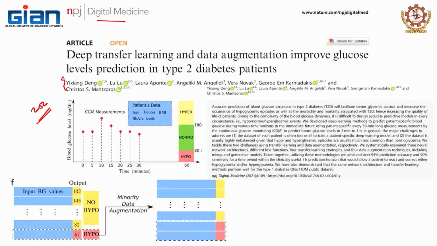So, they used this TimeGAN to create data and balance out the different classes, and then they used different AI models to do classification.